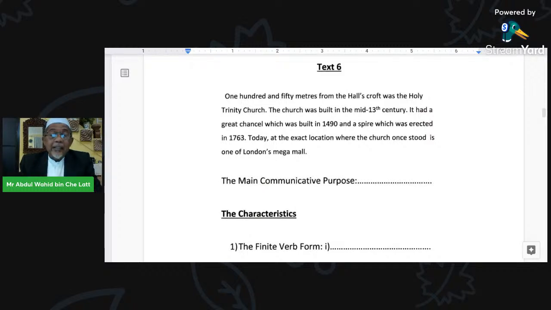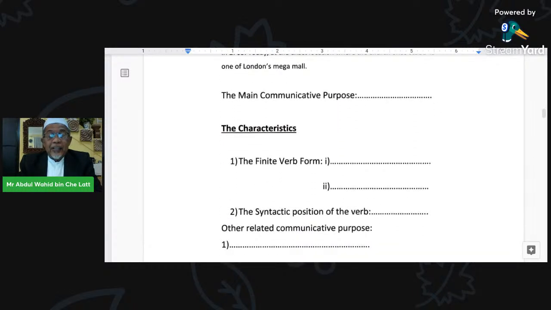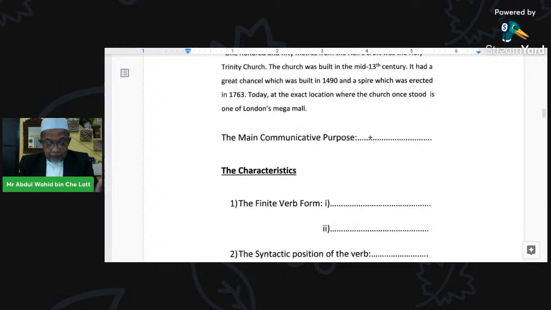Okay, this is characterized by the finite verb was in line 1 and had in line 2. Okay, for the main communicative purpose, you can write narrative description.